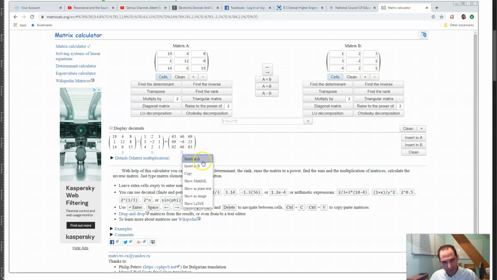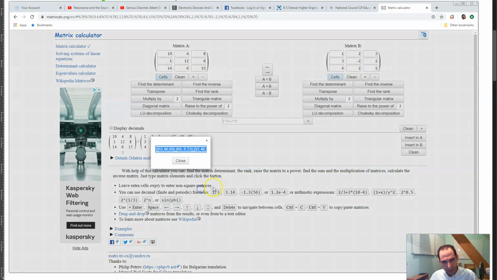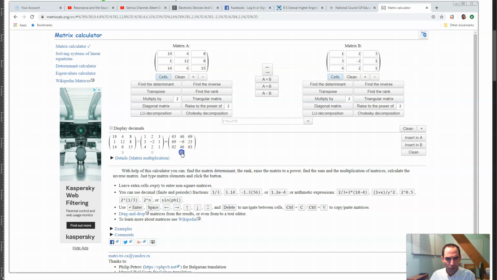Or plain text would be the representation of the matrix in plain text, and I don't know what sort of machine would understand this code. There is also, for example, LaTeX.